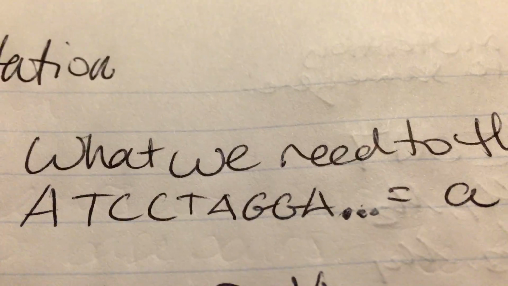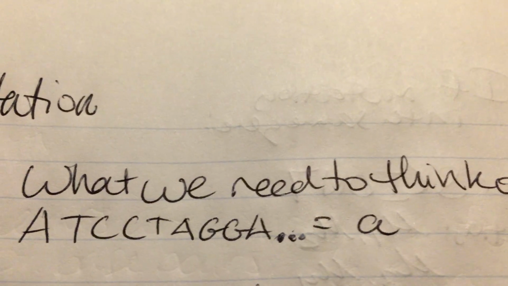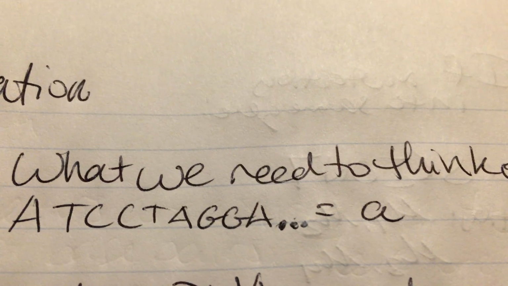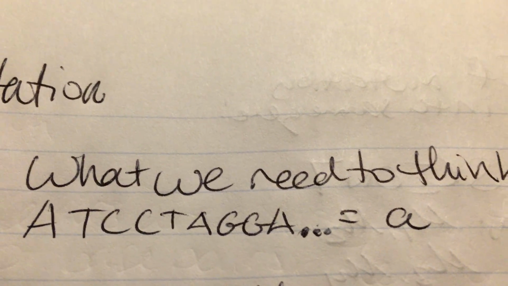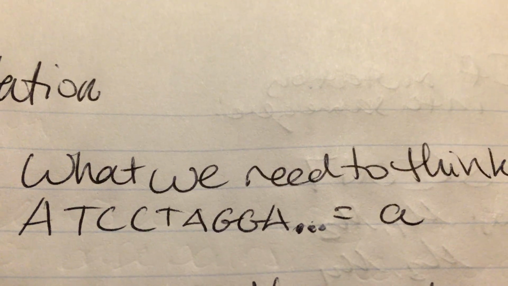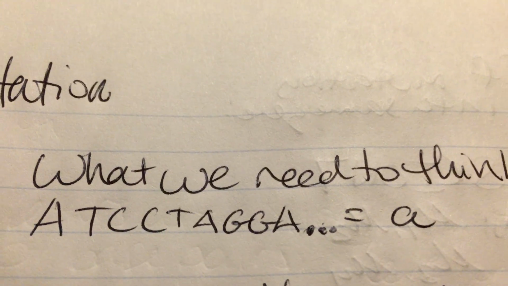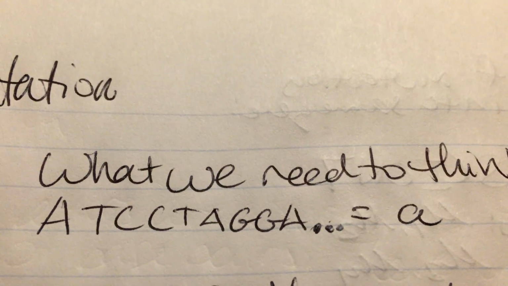In fact, what we need to think of this as is a shorthand for a series of base pairs, where one combination, ATCCTAGGA, can code for a lowercase recessive allele of lowercase a.